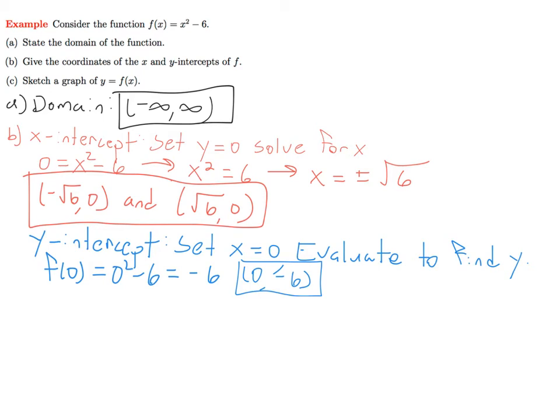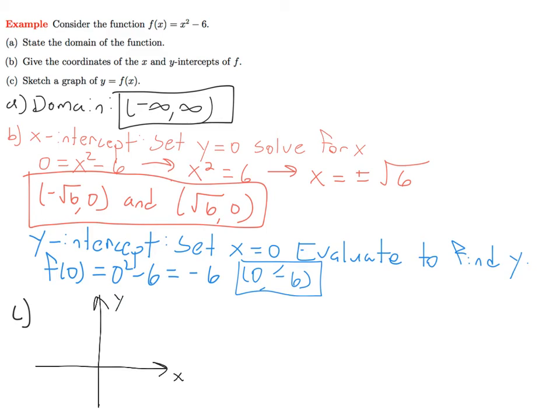So finally, in part C, we now can put this information together and come up with a graph of this function. So let's set up some axes, x and y.